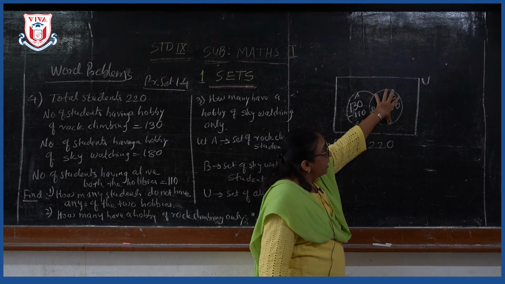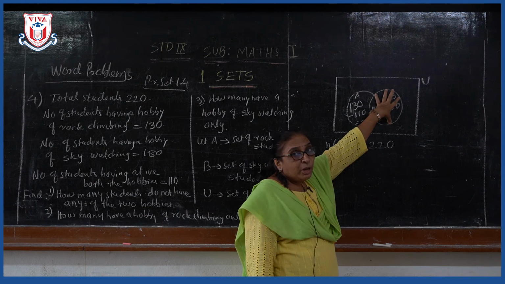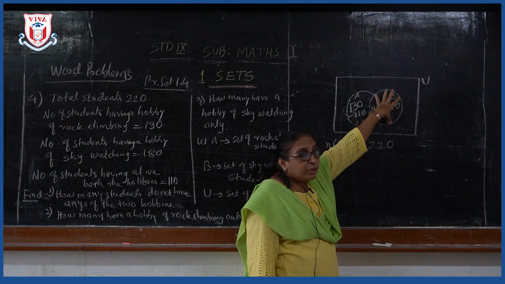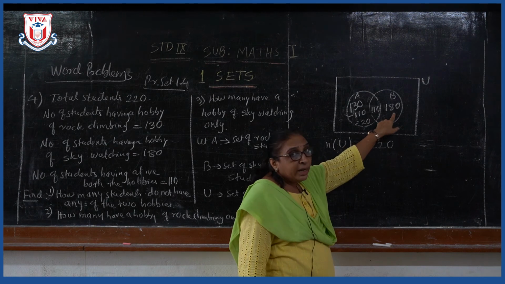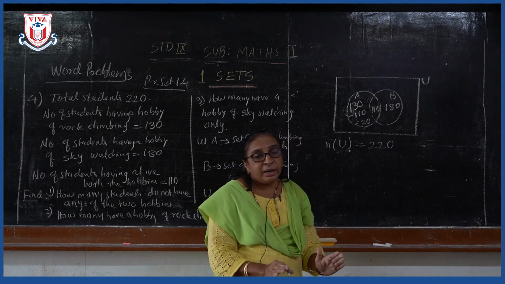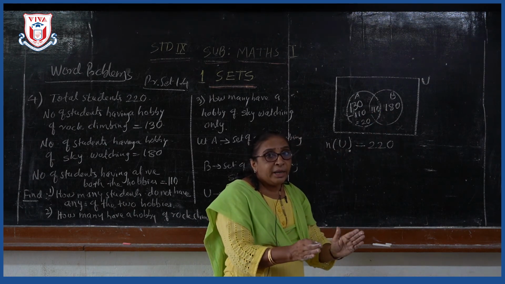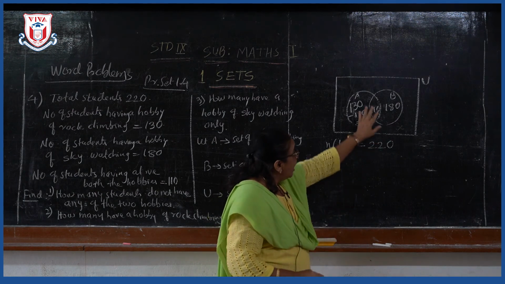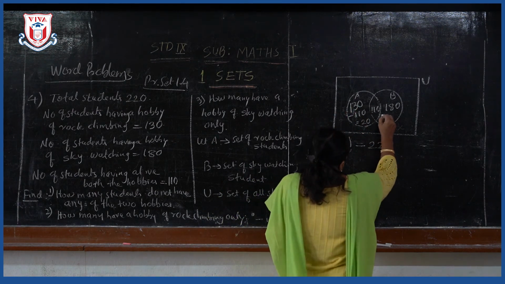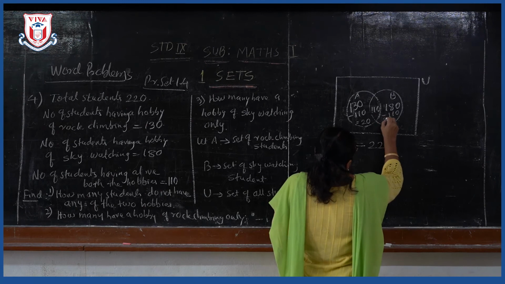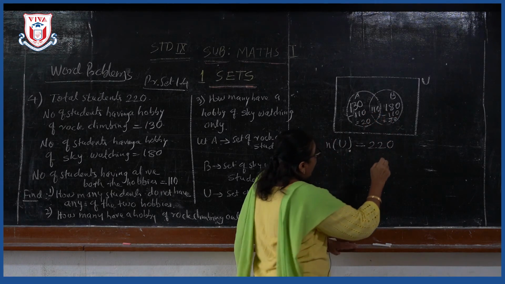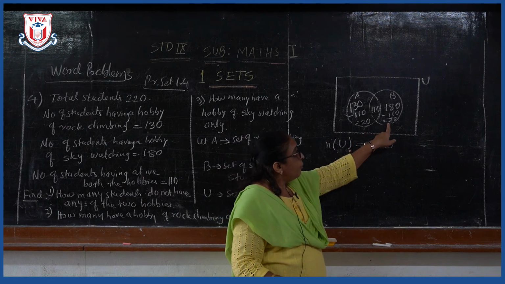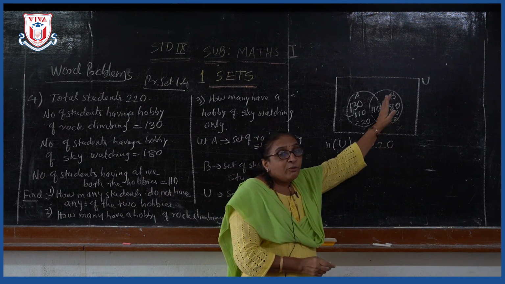And from set B, the total number of students having the sky watching hobby is 180, but out of that 180, 110 have the other hobby also. So 180 minus 110, that is equal to 70 students, will have the hobby of only sky watching.